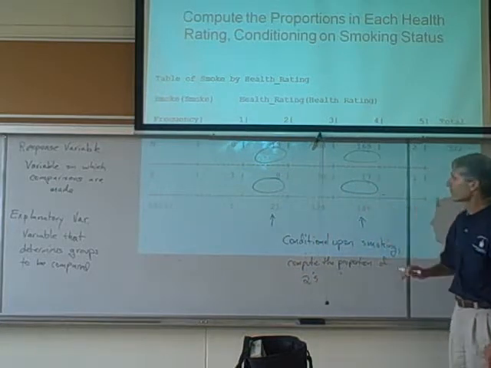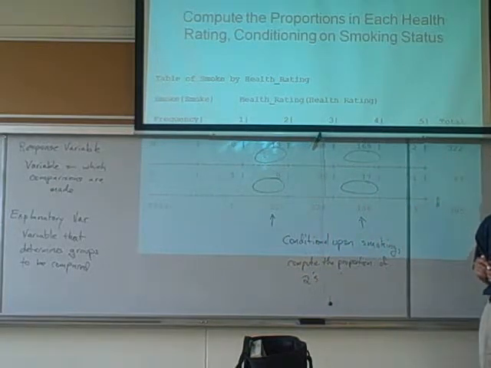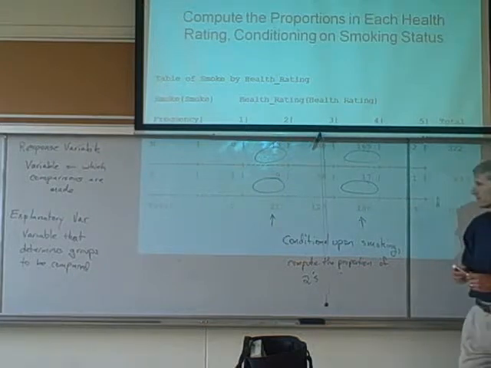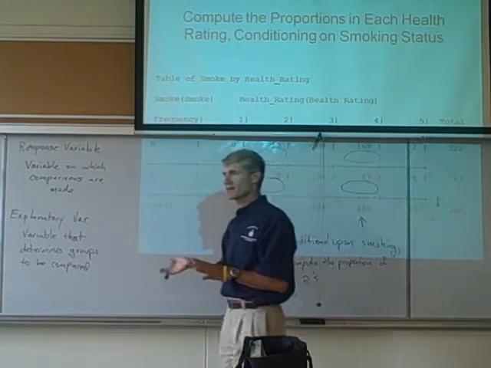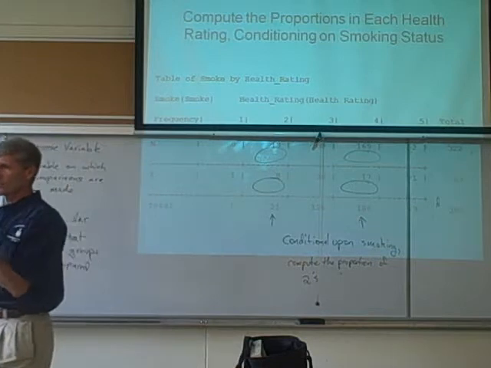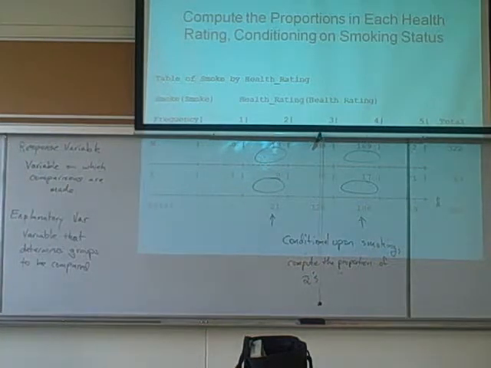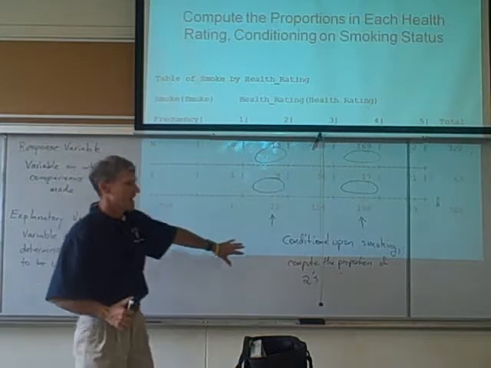And then do it again for 4s. Okay? Now another way to say that is, of those who smoke, what proportion say they're a 2? And then of those who don't smoke, what proportion say they're 2? That says the same thing as this math speak.